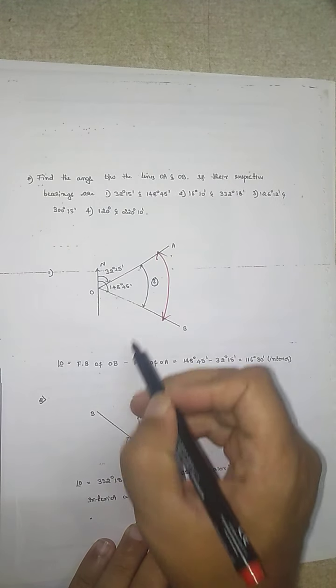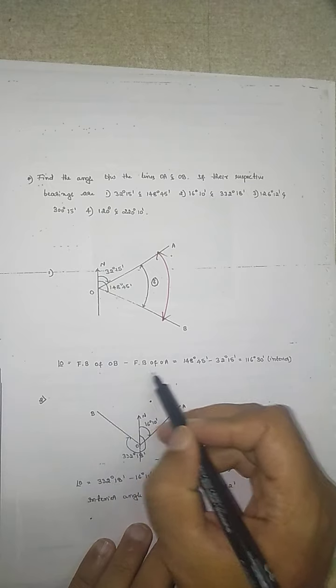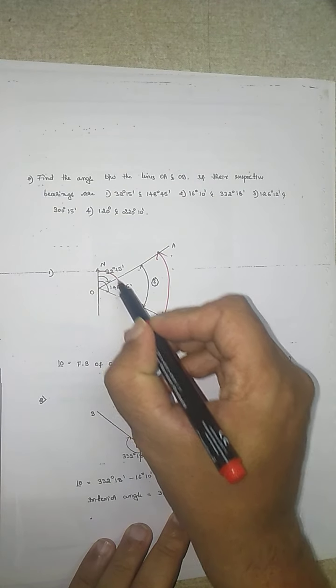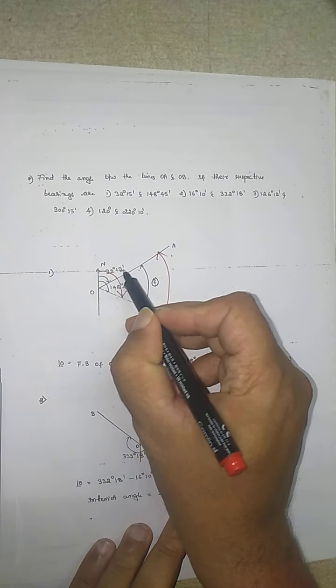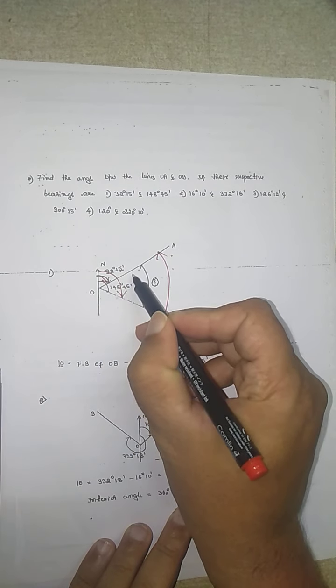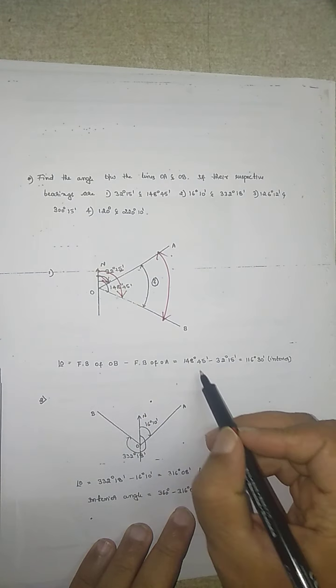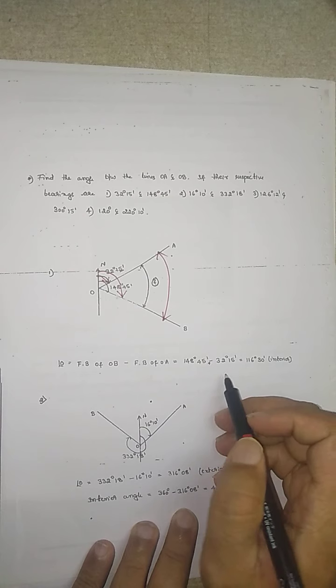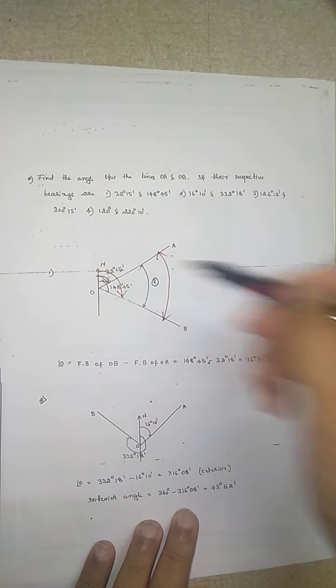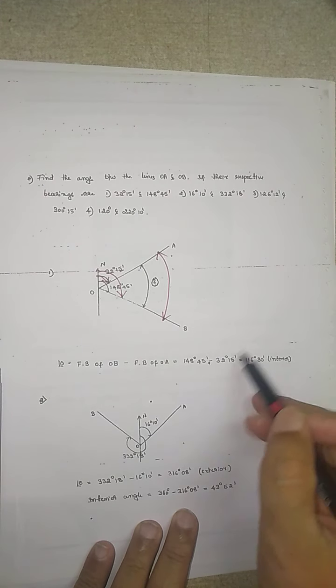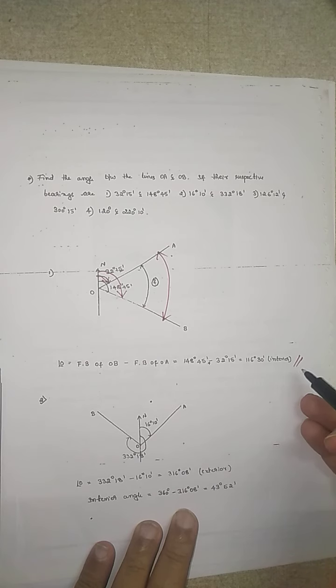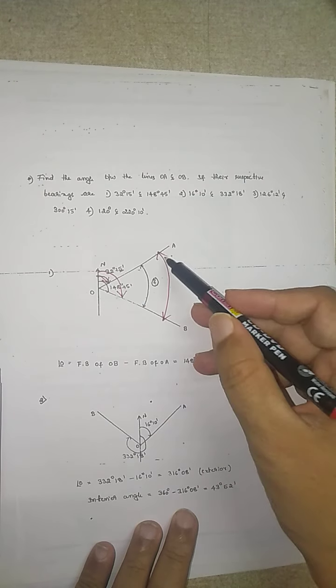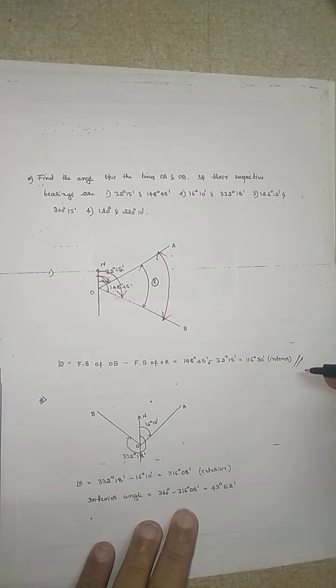It is 148 degrees 45 minutes minus 32 degrees 15 minutes, so it is 116 degrees 30 minutes. So you have done the calculation of the angle AOB, that is the angle O, 116 degrees 30 minutes.